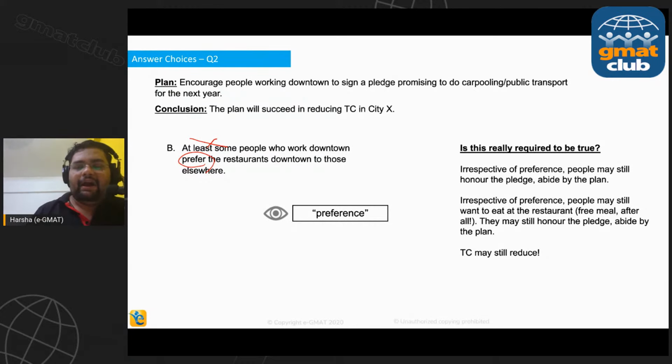Even then, out of my sincere environmental consciousness, or whatever you want to call it, I might still abide by the pledge. And because I abide by the pledge once in a while, traffic congestion may still reduce. And even if I don't like the food, you're giving me a free meal, I might still sign the pledge and abide by the pledge, thanks to that free meal. The key point is this preference has no impact. Irrespective of preference, your conclusion can still very well hold true.